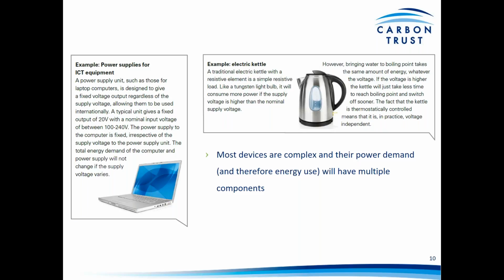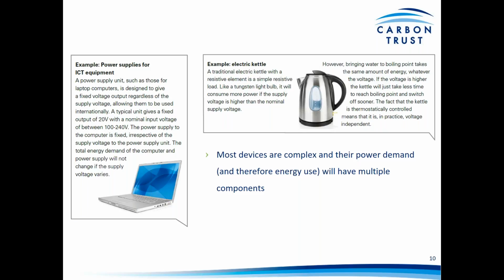So the power supply to the computer is fixed, irrespective of what the supply voltage to the power supply unit is. So the total energy demand of the computer and power supply will not change, even if the supply voltage changes. So an ICT power supply unit would be deemed as voltage independent.